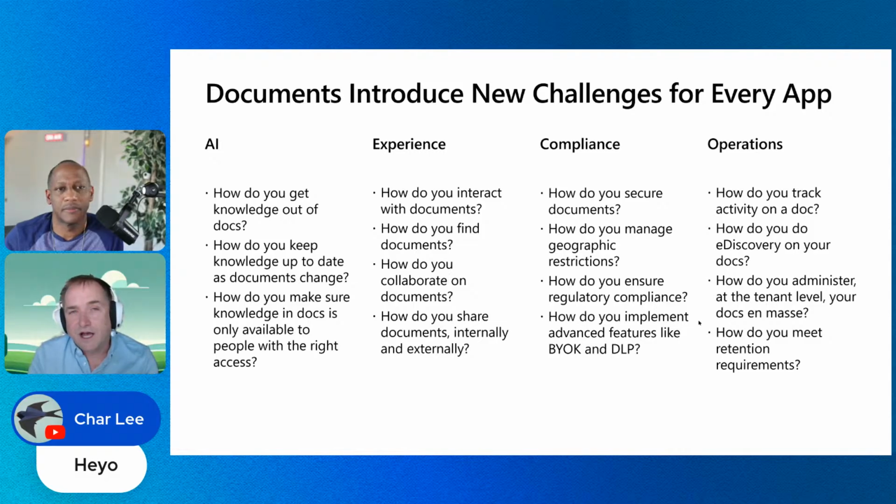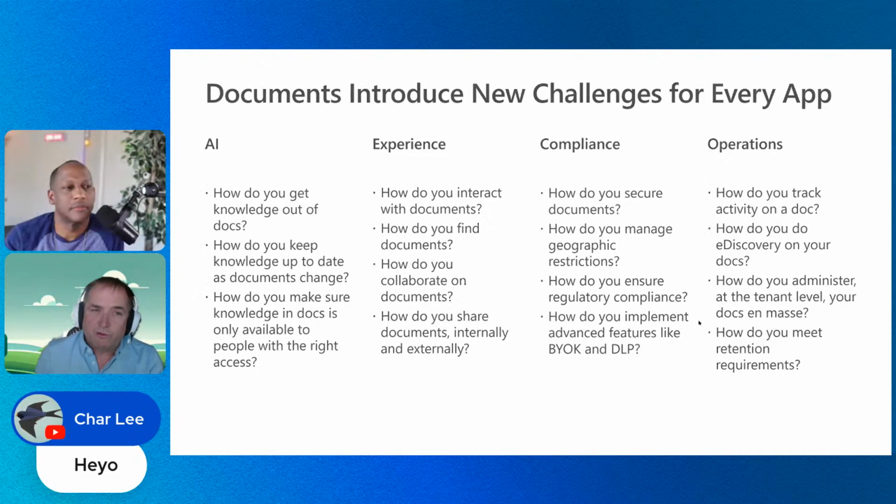How do you make sure that your documents are stored in a compliant manner? This might be everything from geographic restrictions to regulatory compliance issues around things like CCPA and GDPR and those type of privacy regulations. You might want to think about, how do I do e-discovery? And then you might want to think about how do you make sure that the knowledge in these documents is only available to people with the right security.